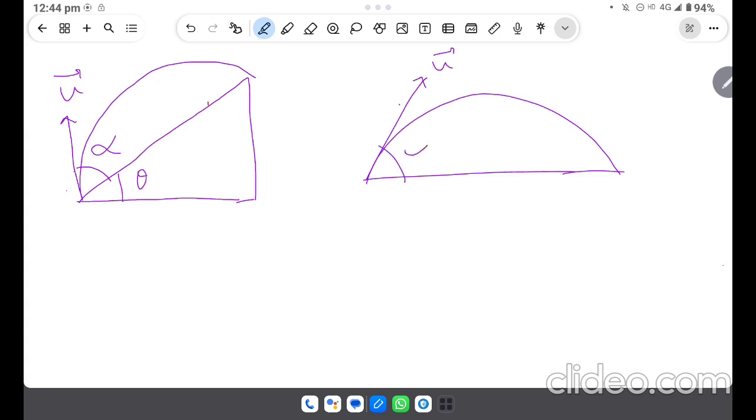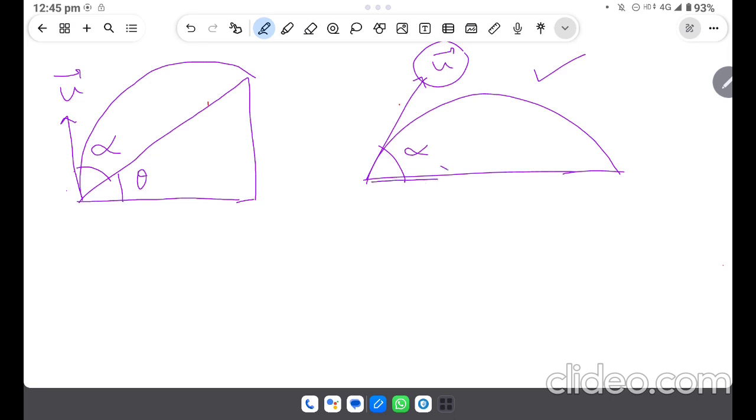Now if we remember the normal angular projectile motion, what is that? In the normal angular projectile motion, we used to throw the stone at the velocity u, which was making an angle, suppose alpha, with the horizontal direction, right? And there in the angular projectile motion, we used to split the velocity of the projectile, that is the u, into two portions, the x and the y component.